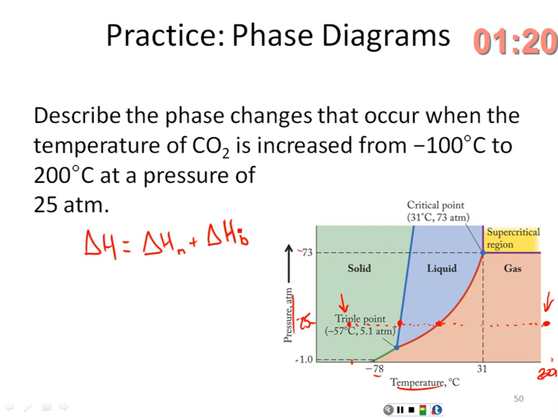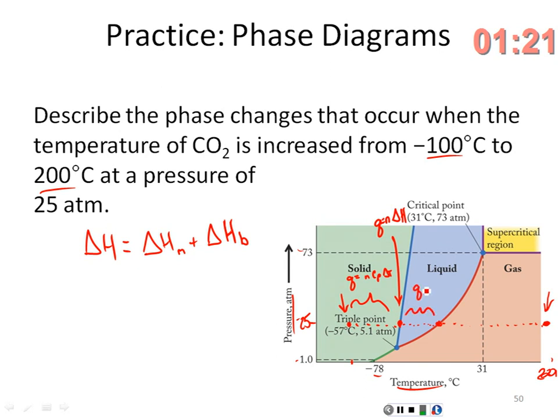Also, you can ask how much heat is required to go from minus 100 degrees to 200 degrees. How would you answer that? Well, you know that for this portion, the heat would be n C_P delta T. For the phase transition, heat would be n times delta H of that phase transition.